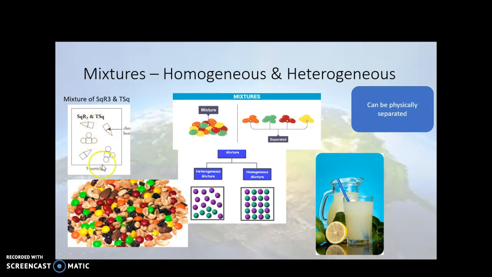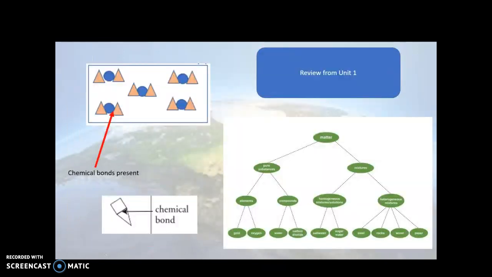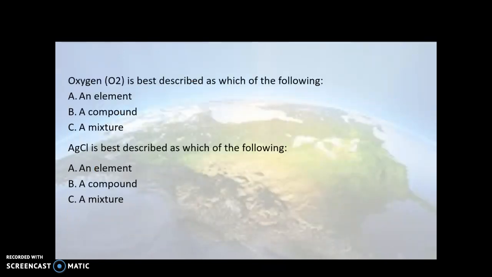So this would be a good example of a mixture. SQR3, which is right here, and TSQ, they have chemical bonds between them, but they're all mixed in the same container. This outline is our container. It's kind of like this right there. Well, hopefully that helps you as you go through now and answer the questions about oxygen and AgCl.